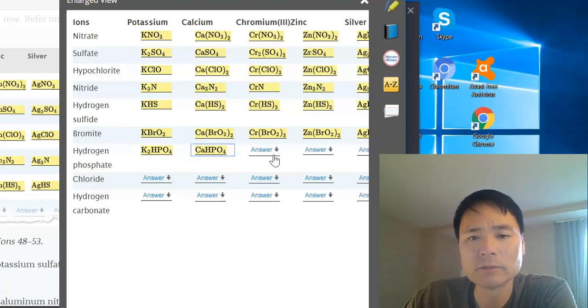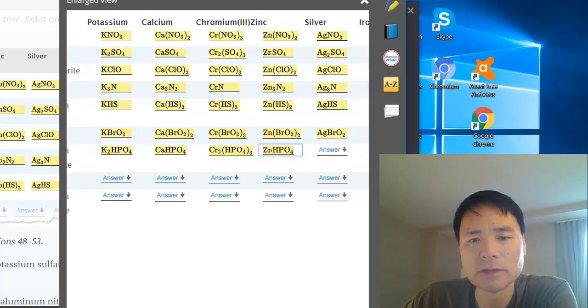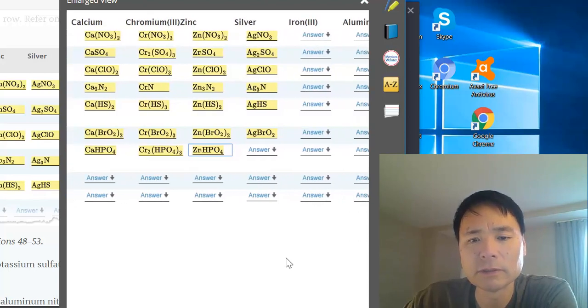Chromium's 3, and this is 2 minus, so we need 3 hydrogen phosphates for every 2 chromiums. So Cr2(HPO4)3. Zinc is a 2, so the same thing, same charge is what I meant: ZnHPO4.